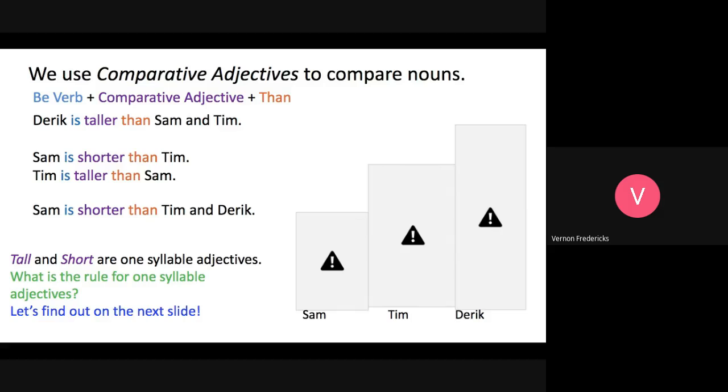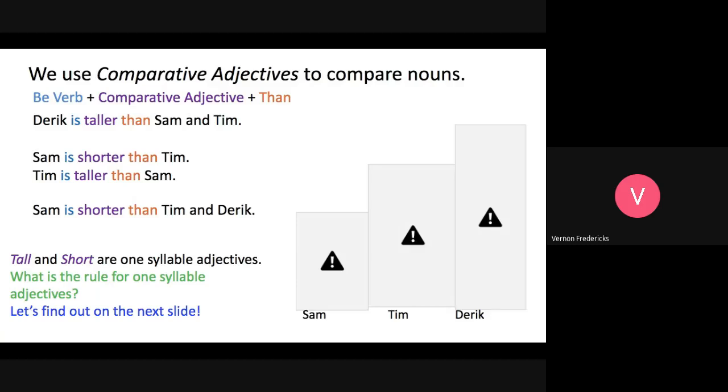Here we say Tim is taller. He's got more height than Sam. Last example here is Sam is shorter than Tim and Derek.